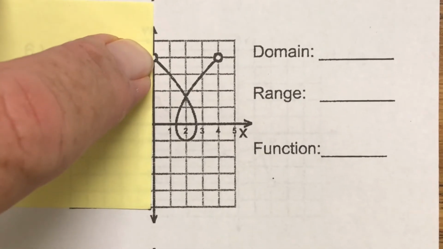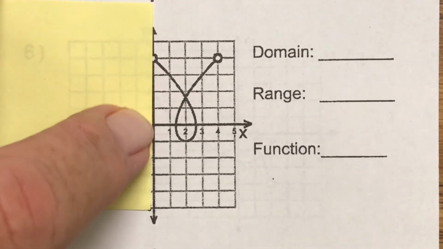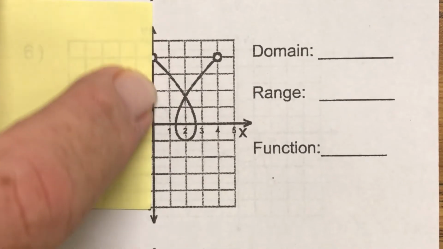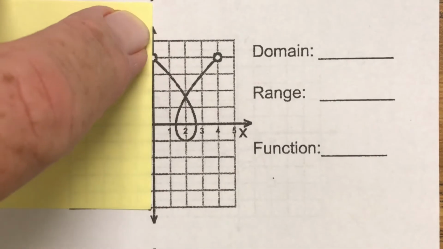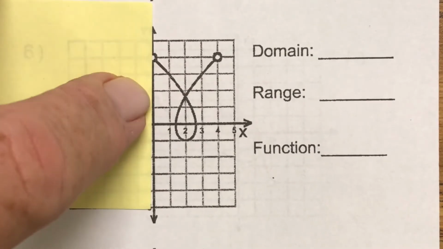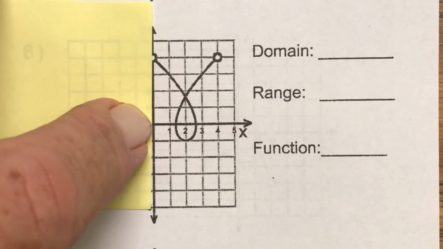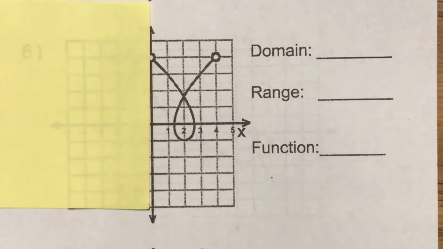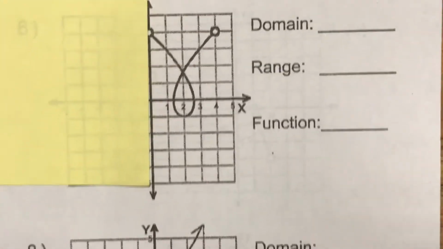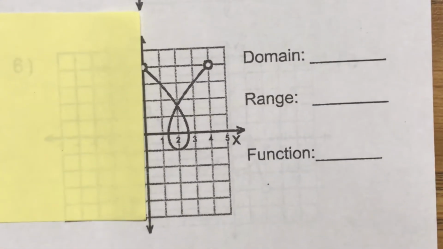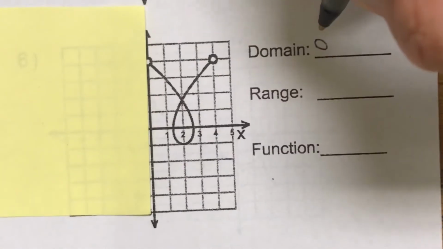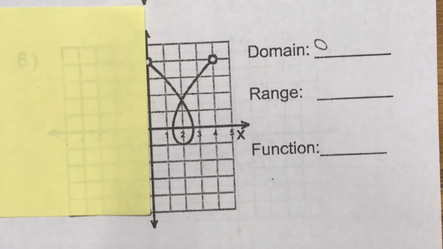The reason I want to use something straight is because it allows me to see what number it touches on the x-axis. You could even just draw a straight line and it would do the same thing. So here, this is the furthest point. This is my smallest x number where x is 0. So when I'm writing my domain, I'm going to write 0 for my smallest number.